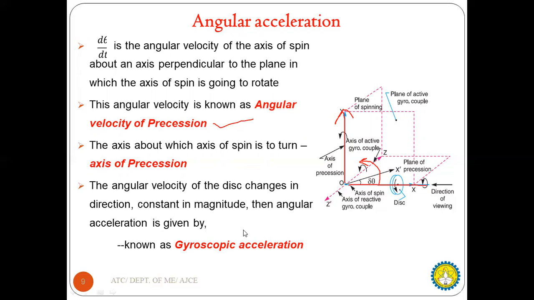So OY is the axis of precession, and the angular velocity of the disk changes in direction but is constant in magnitude. Then angular acceleration is given by alpha c equal to omega p. This is the angular acceleration. Here the disk is rotating with some constant angular velocity omega about this OX axis, and at the same time this entire axis and the disk is changing its position about the OY line.